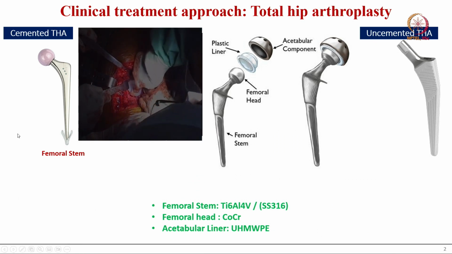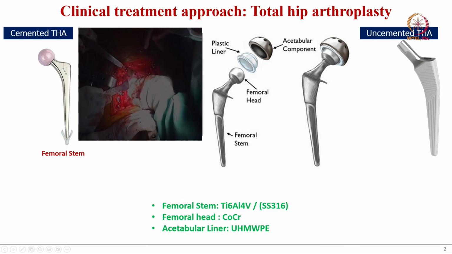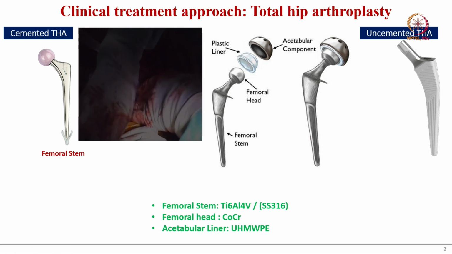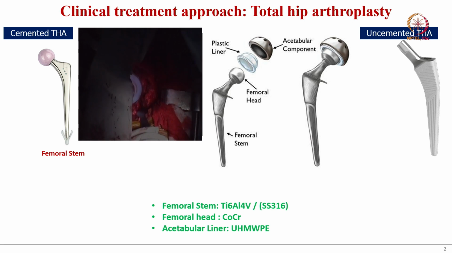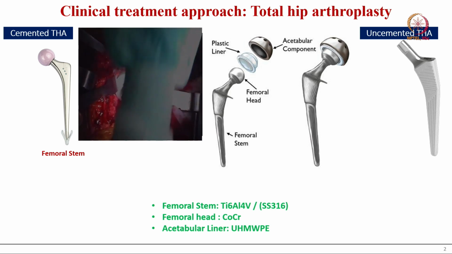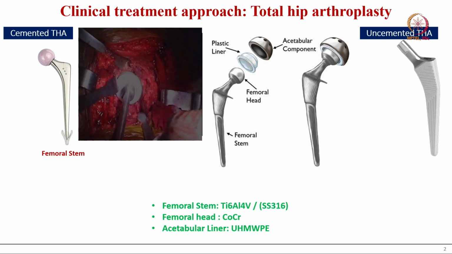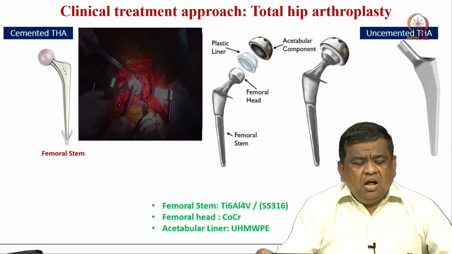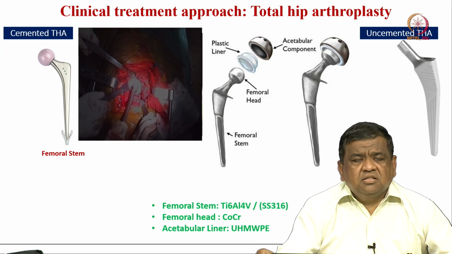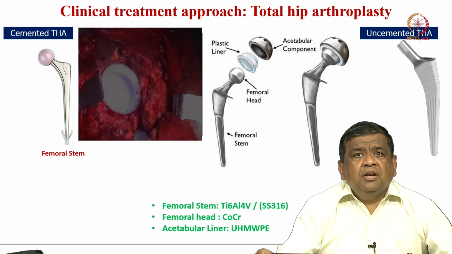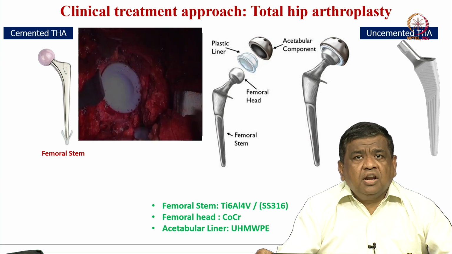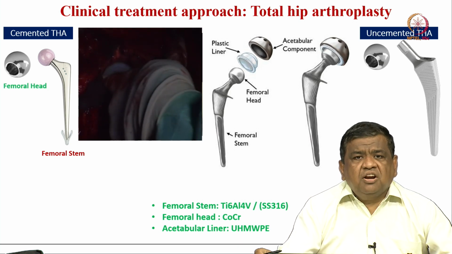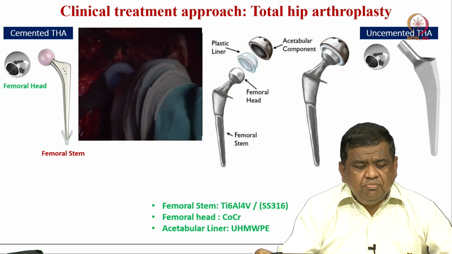Now, in this particular slide, what you see in this video is essentially total hip replacement devices, how they are inserted into the damaged hip, when a patient has experienced a hip fracture and the natural joint is not functioning anymore and one has to replace the natural joint by the artificial hip joint.